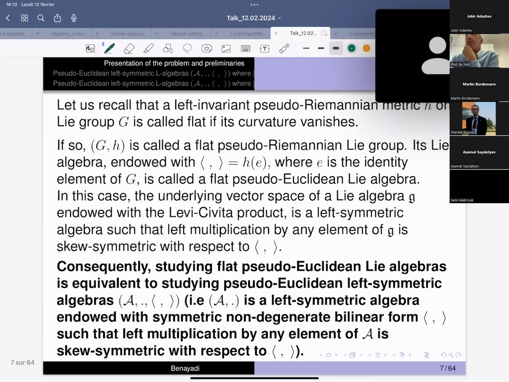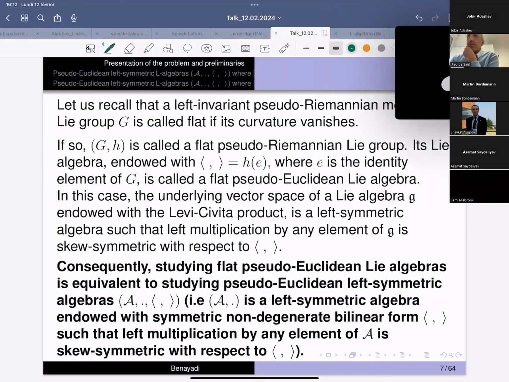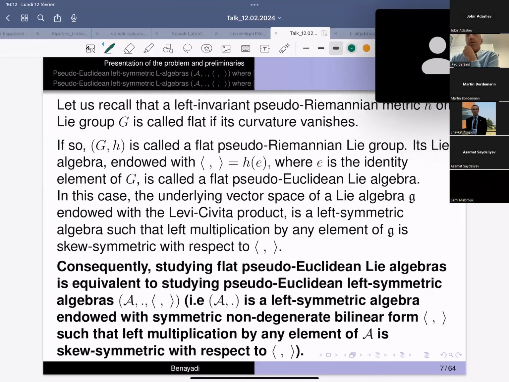Now let us recall that a left-invariant pseudo-Riemannian metric on a Lie group is called flat if its curvature vanishes. In this case, the Lie algebra of the Lie group with this bilinear form is a pseudo-Euclidean algebra.